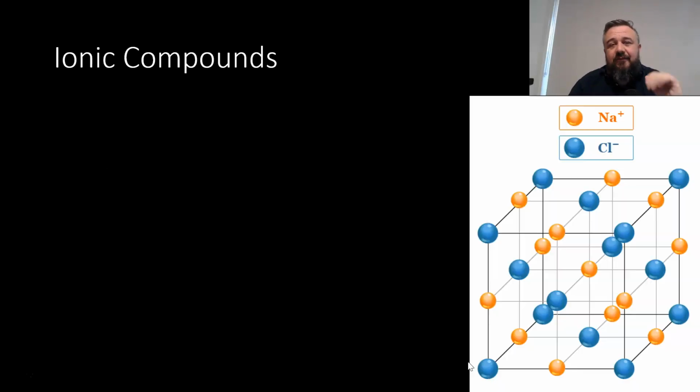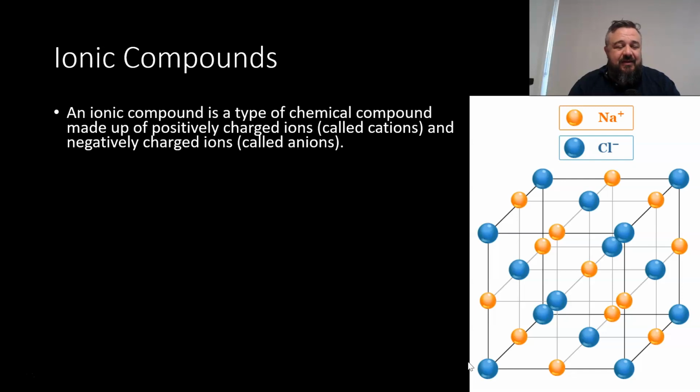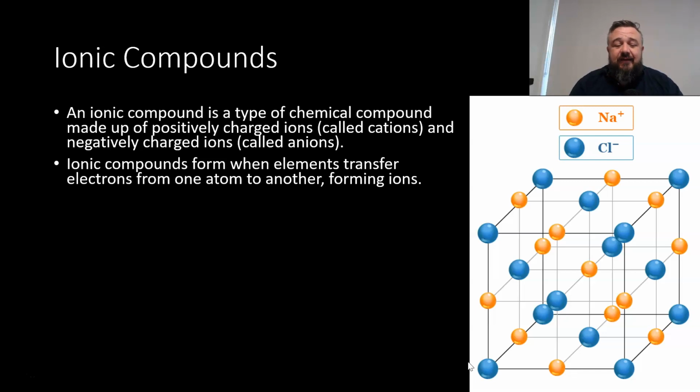All right, so we'll start off with an ionic compound, and this is only so we can get to what a formula unit is. An ionic compound is a type of chemical compound made of cations, positively charged ions, and anions, which are negatively charged ions. They transfer electrons, and that makes them ions.